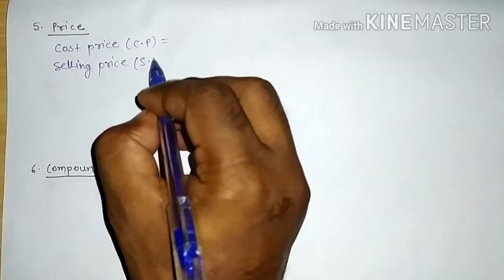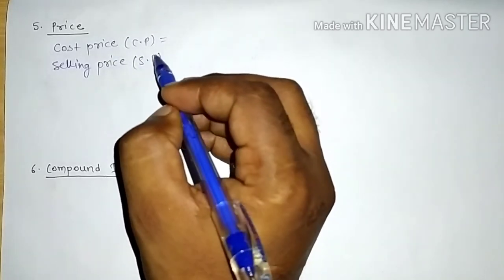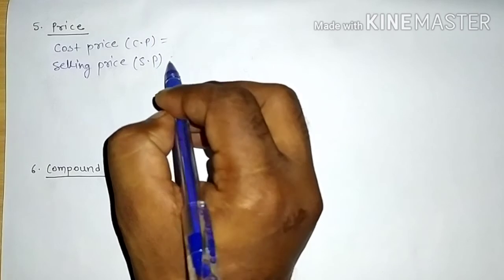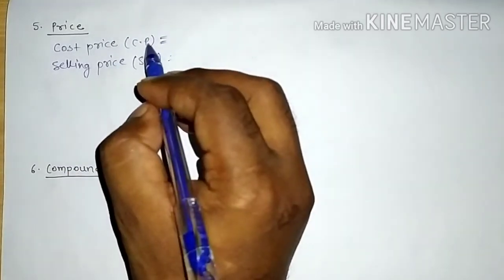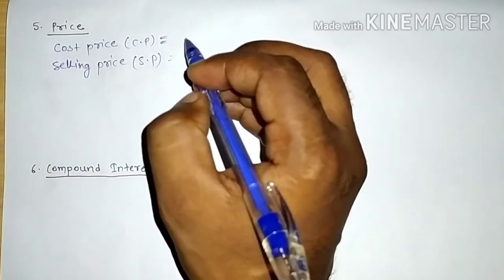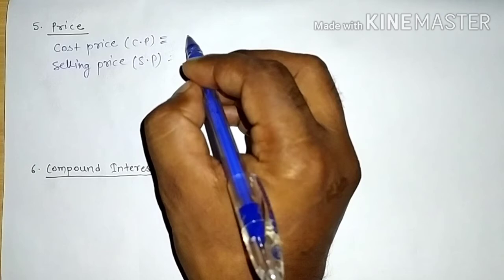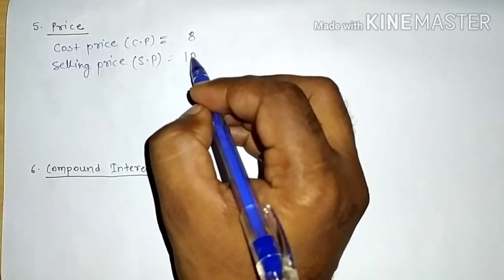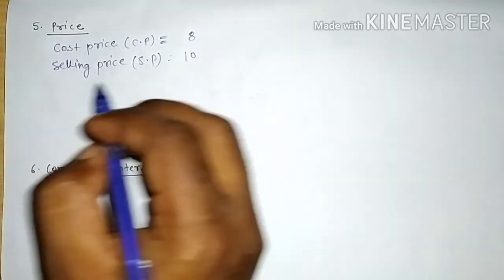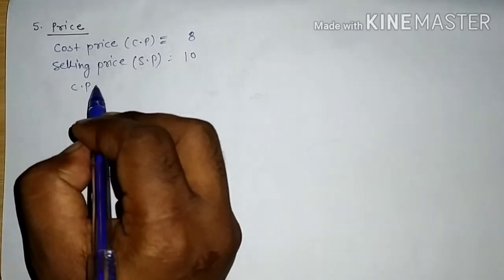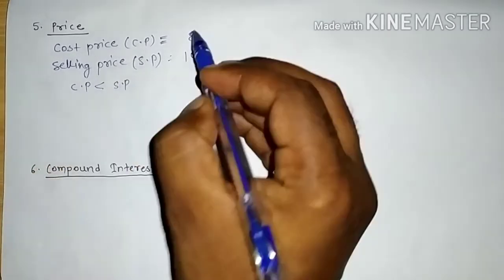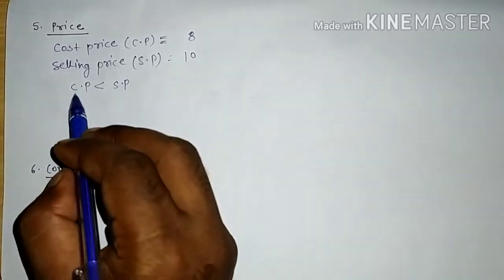It is denoted as SP. So let's suppose the cost price of a pen is 8 and he sells it at the price of 10. In this case CP is less than SP. CP is 8 and SP is 10, so CP is less than SP.